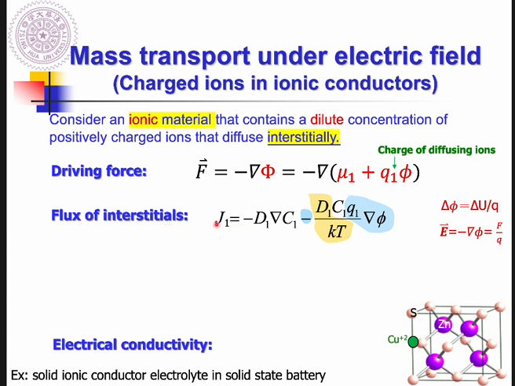The unit for this is the number of copper ions passing through a specific area during a specific time period. But the current is what you can measure passing through this material due to this interstitial, right?